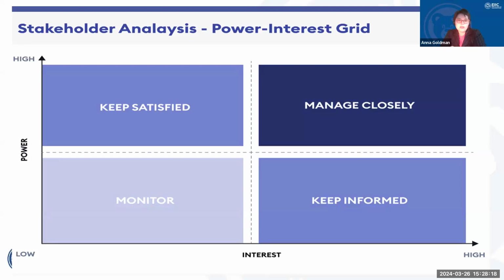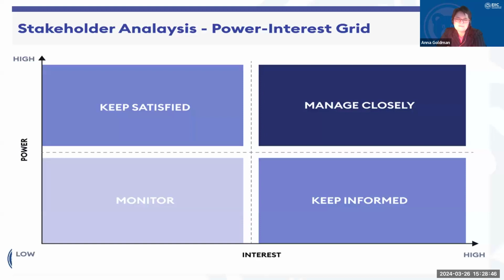Well, don't all go at once. HRSA, yes, HRSA, Gabby. What kind of stakeholder would they be? If we were to practice putting them on this grid, would they be the ones we want to keep satisfied, or the ones we want to manage closely? Manage closely. Okay. All right.